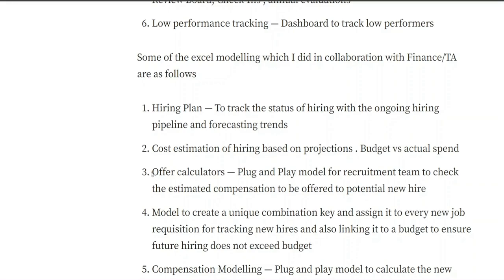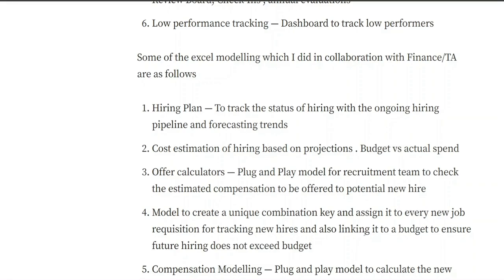Sometimes what will happen is some groups would be niche, and then for those groups we need to have a separate offer calculator. So when I was creating this offer calculator, I found language of R programming very useful to create summaries and backend tables for such calculators, and also using macro helped me to hide the sheets in a very protected manner.